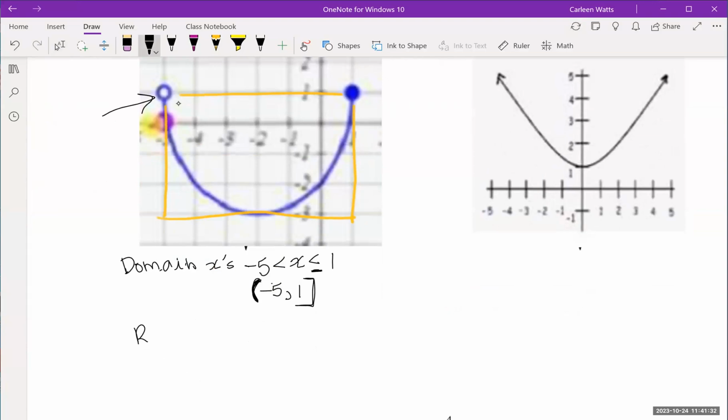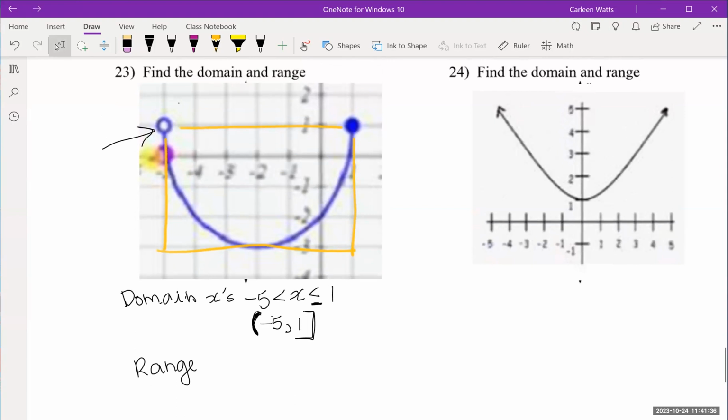The range is the y's. Okay, I'm just going to do interval notation. The y's go from -3.